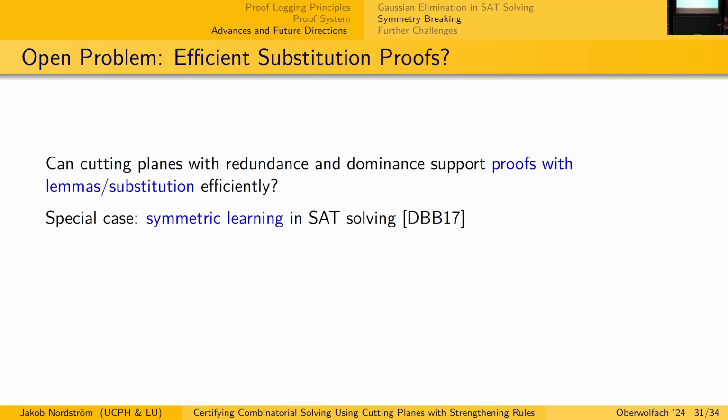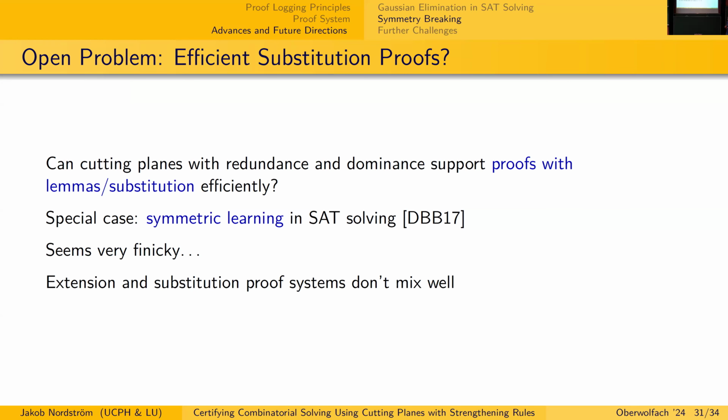And if I know now that another neighborhood of the graph looks exactly the same way, I would like to argue that it looks the same way. I already know that I couldn't map into there, so clearly I couldn't map into here. You would basically need substitution proofs for that, or you would need to derive a lemma that you can apply again. I don't know how to do that. I would be very interested in finding an efficient way within this proof system to do this.